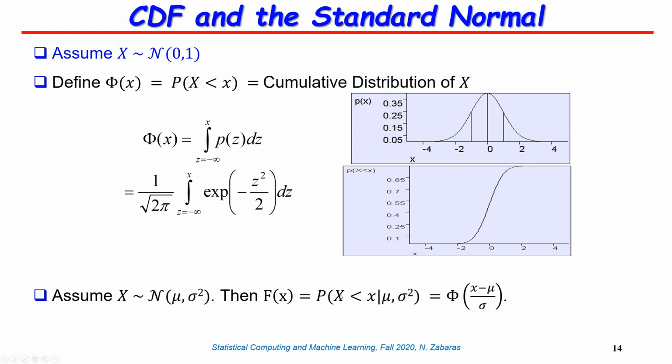So this probability is the same as the probability of capital X minus mu over sigma being less than x minus mu over sigma, and the random variable capital X minus mu over sigma follows a standard Gaussian. So that gives you the CDF that you see here of a standard Gaussian. So you may want to do this calculation in case it doesn't look familiar to you.